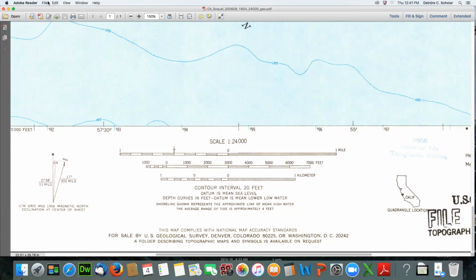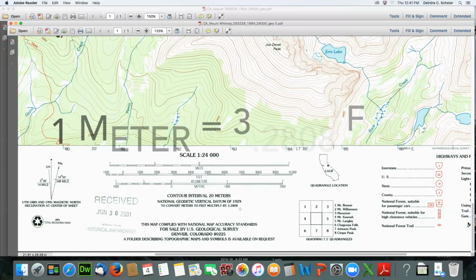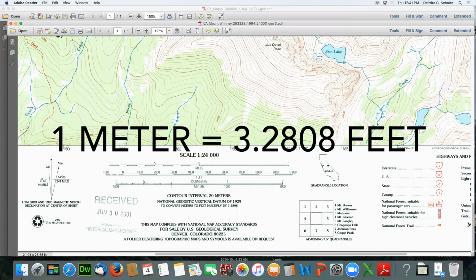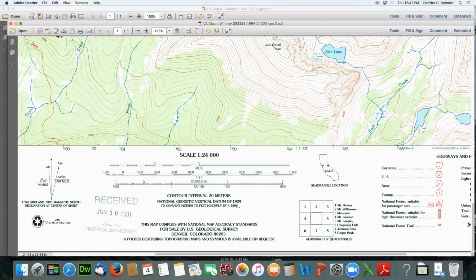Now, if you don't happen to know that off the top of your head, the nice thing about the Mount Whitney quad is that they've actually told us here, when we look at the contour interval in meters, it says to convert meters to feet, multiply by 3.2808, which literally means that every 1 meter contains 3.2808 feet. So that's how many feet there are in 1 meter.